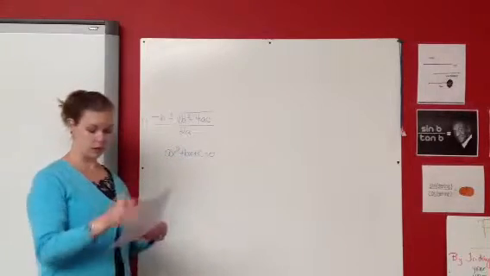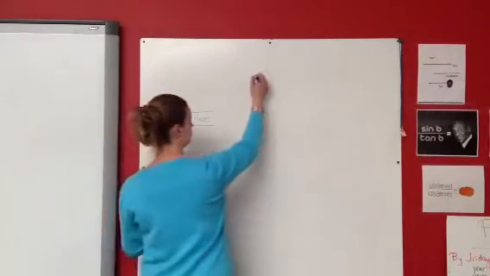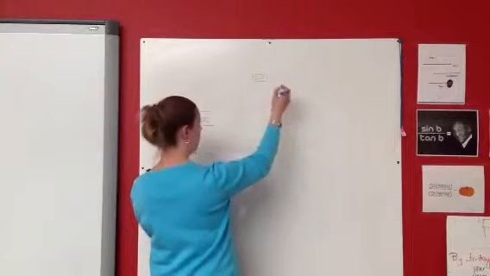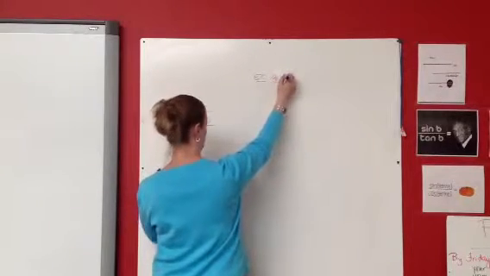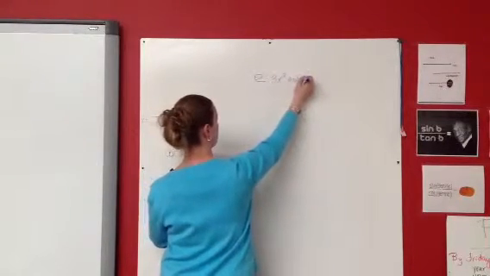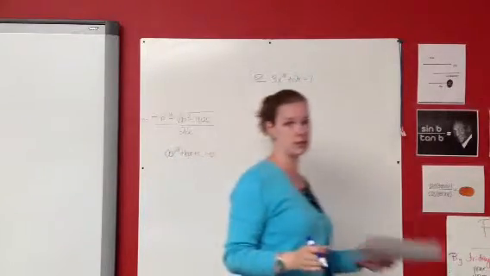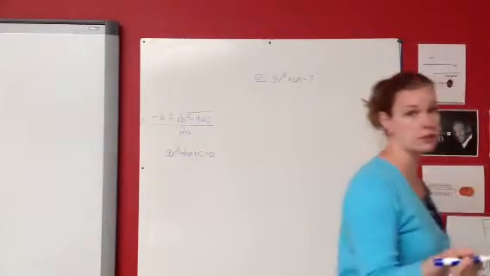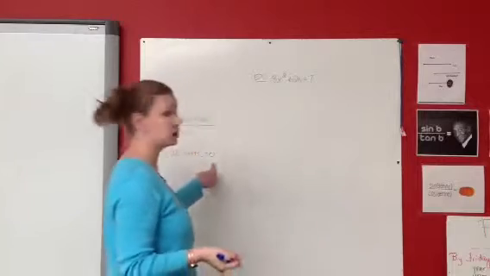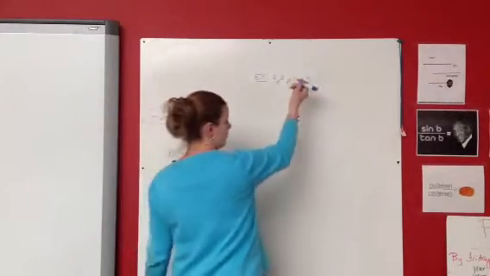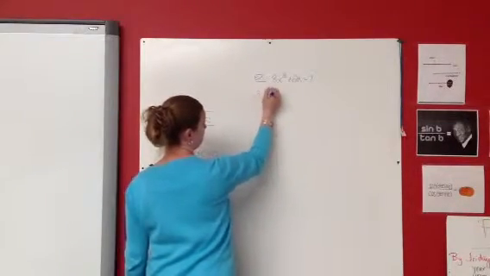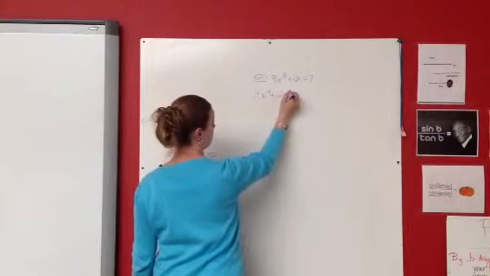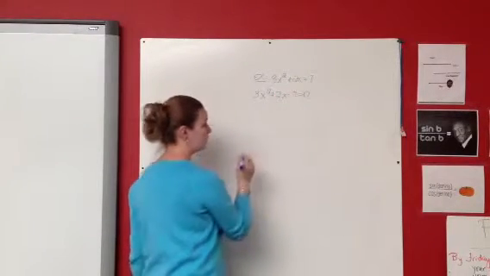So just to run through a quick example, we had 3x squared plus 2x equals 7, and we wanted to solve this using the quadratic formula. The first thing we would have to do is set it equal to 0. So, subtract 7 from both sides. You now have 3x squared plus 2x minus 7 equals 0.